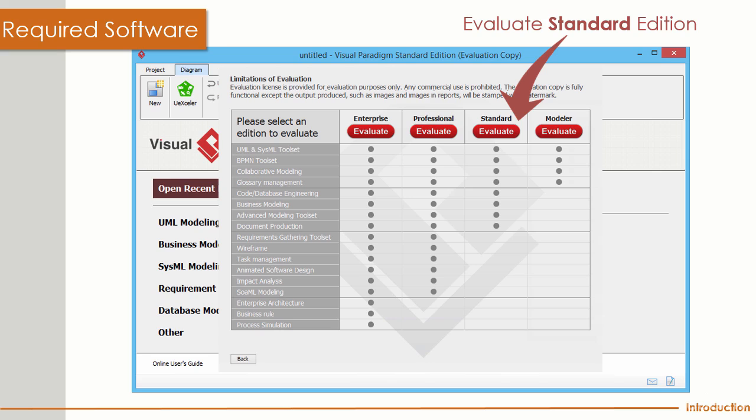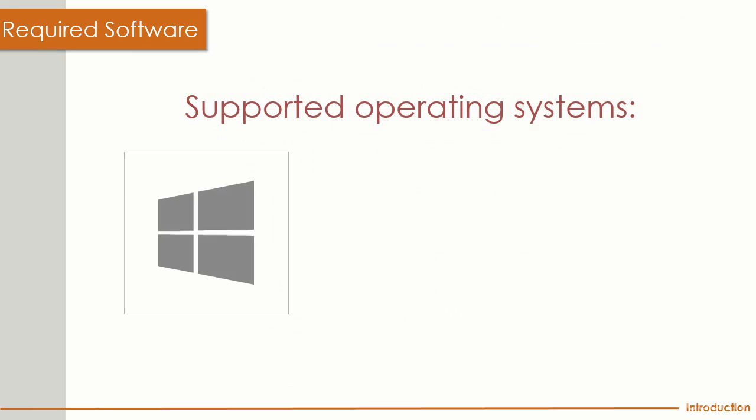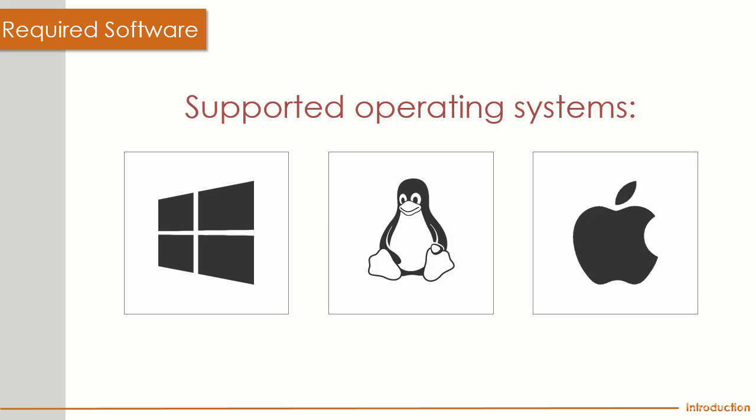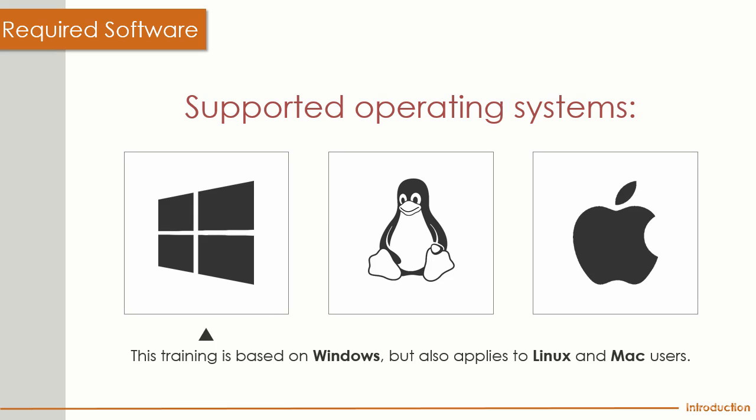Then you can evaluate for 30 days. Visual Paradigm supports Windows, Linux, and OS X, OS 10. In this training we will base on Windows, but almost the same steps can apply to Linux and Macintosh OS 10 users.